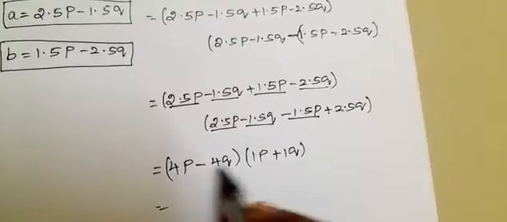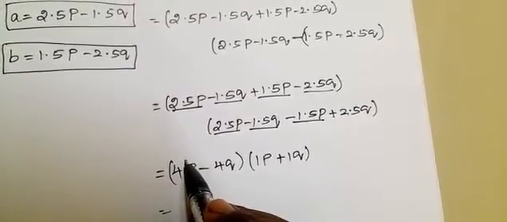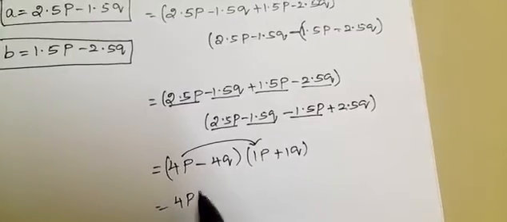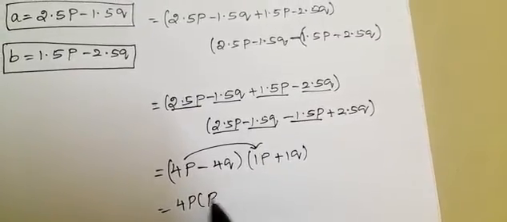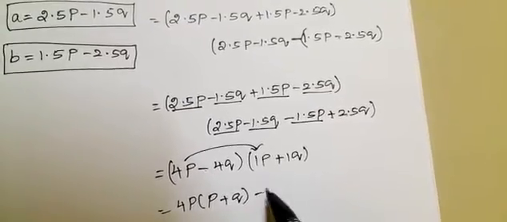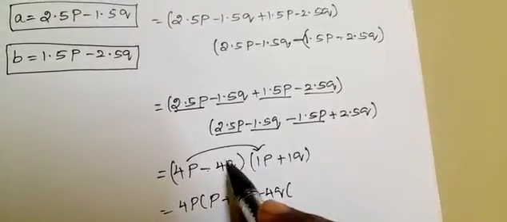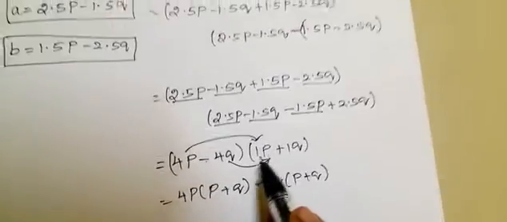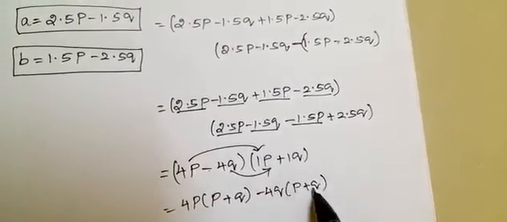So now let us multiply 4p minus 4q with p plus q. 1 into p is p, 1 into q is q.